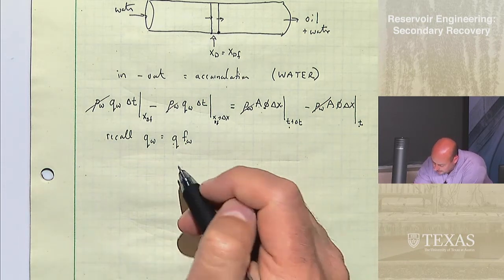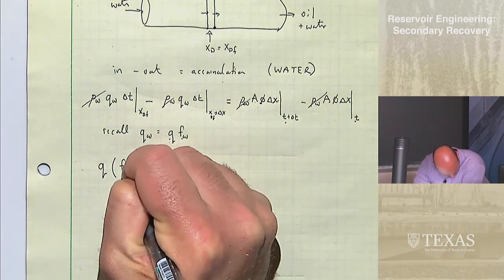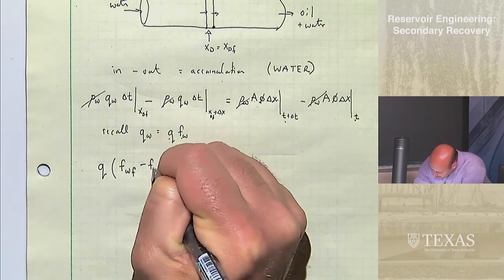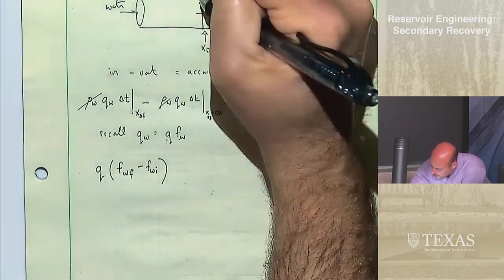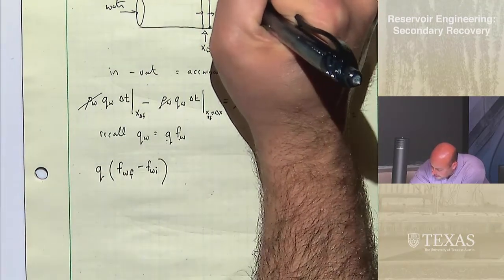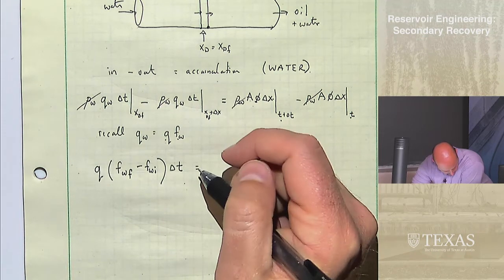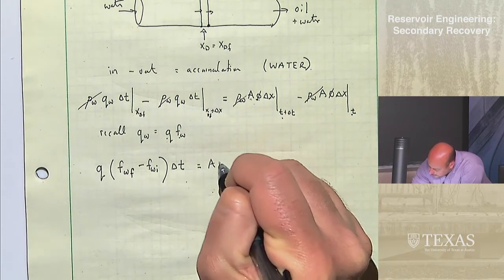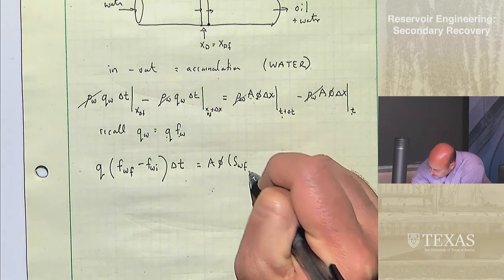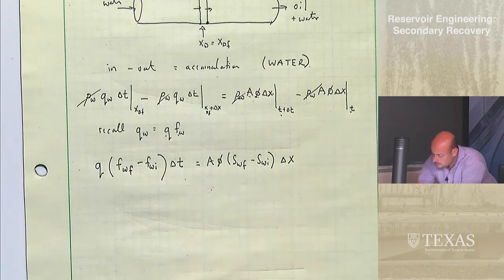I can write QW as Q times the fractional flow of water at the front minus the fractional flow of water injected, because right here maybe we have FWF, and a very small place downstream you might have FWI, over a time delta T. On the right, we can say A phi, times the water saturation at the front minus the initial water saturation, times delta X. Why is that?